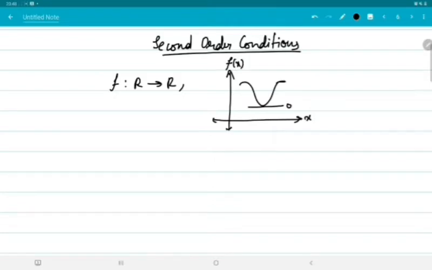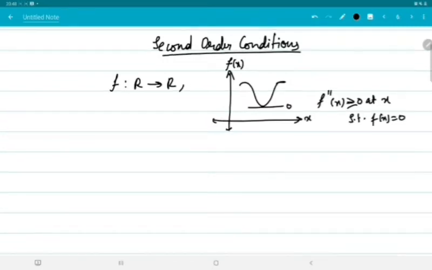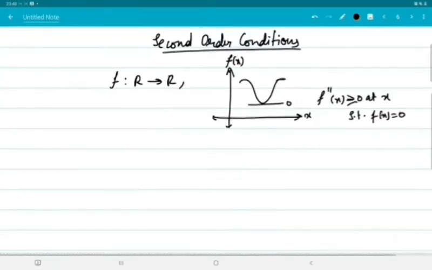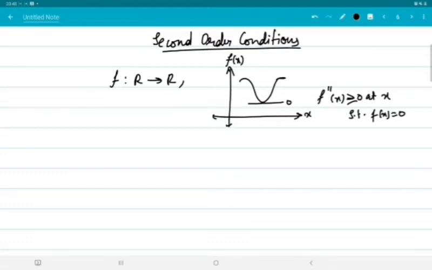This is x, this is f of x. For R to R, this is the condition, and this is fairly straightforward. But when it comes to more variables, the multi-variable case, it is a little bit more complicated.